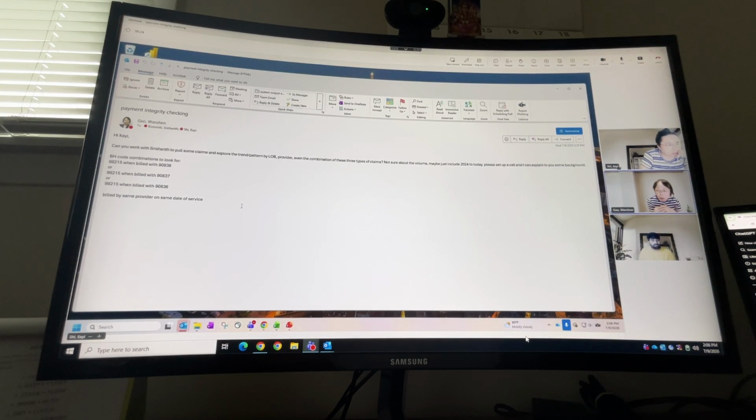So if you can pull data and then create, not necessarily a dashboard, but a quick dashboard is fine. Or even just with Excel summarize by LOB, rank the providers from top to bottom, and what else we can do? Or maybe break down by the 3 types: 836, 837, 838.